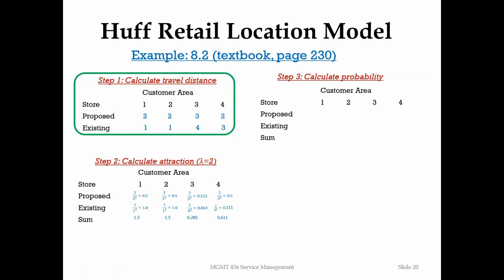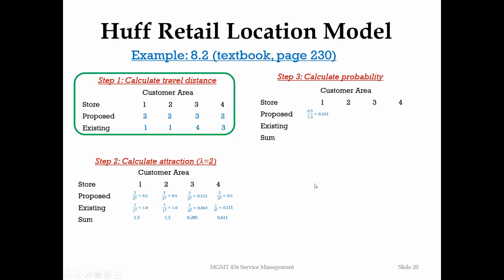Now the question is, what is the precise probability? What we can do is proportional allocation based on attraction. For example, how likely customers who live in customer area 1 will shop from the proposed store will be 0.5, which is the attraction for the proposed store, divided by 1.5, which is the total attraction. So you will get 0.333.